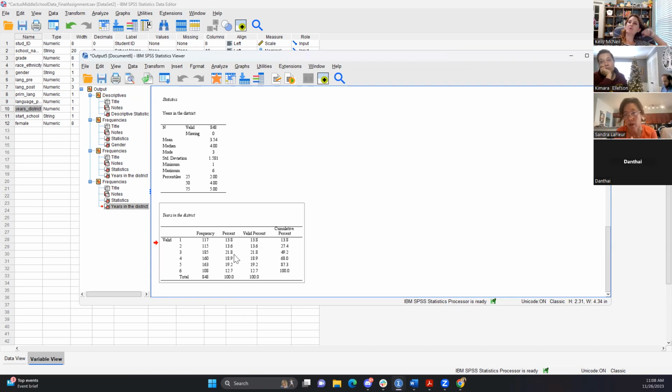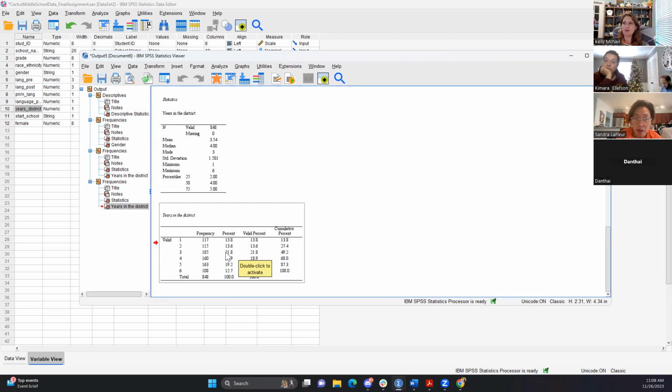Well, if it was me, this is where we are our own data scientists, coming up with these thoughts and questions. It may look different for all of us, but I see the largest percentage is at the 3-year mark. Most of them are at this 3-year mark.